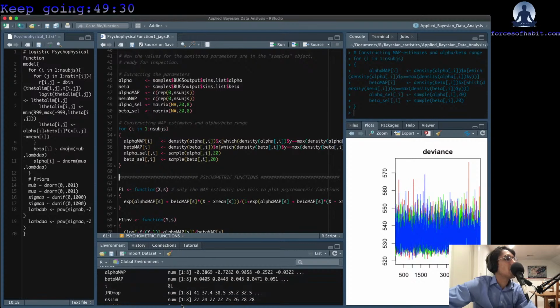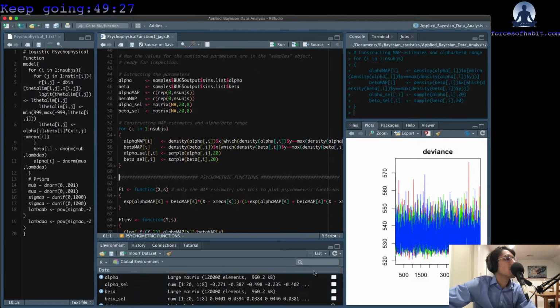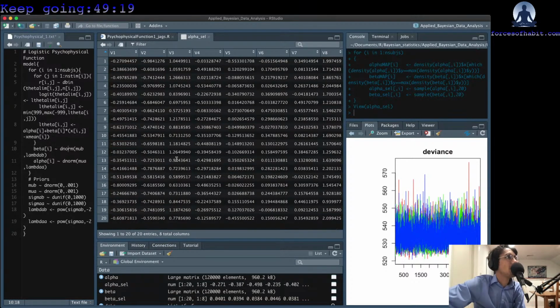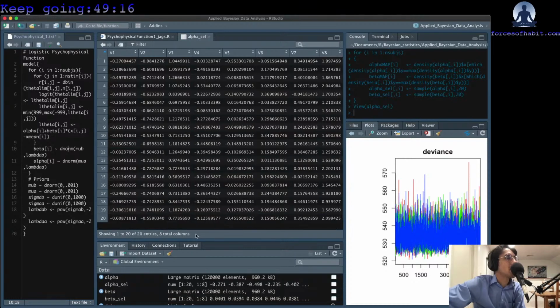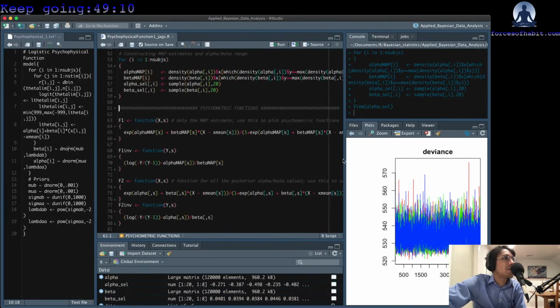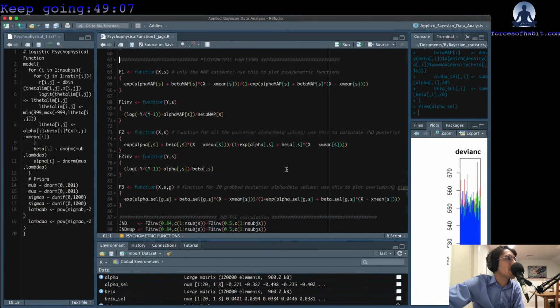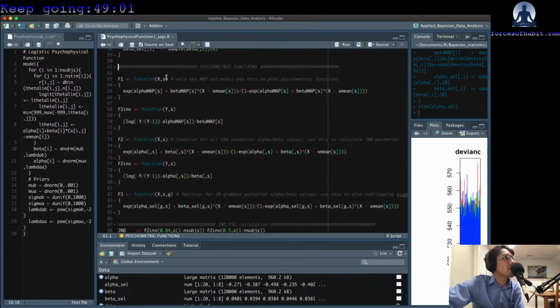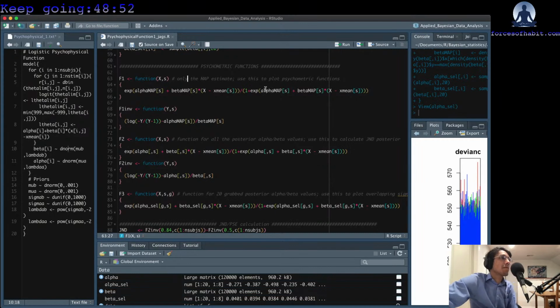And then alpha cell, let's see. Alpha cell then is going to be, for each subject here, I think we'll give 20 observations sampled from the subject. And now we write the psychometric function here in the code. So the psychometric function takes on x as, so it takes on the map estimate.